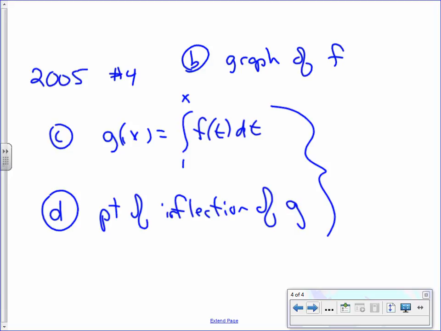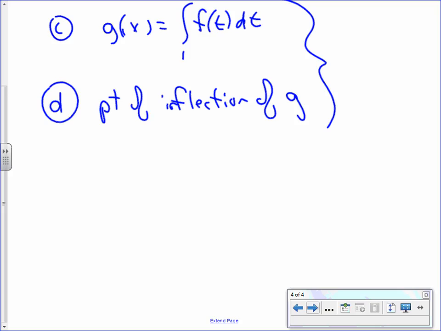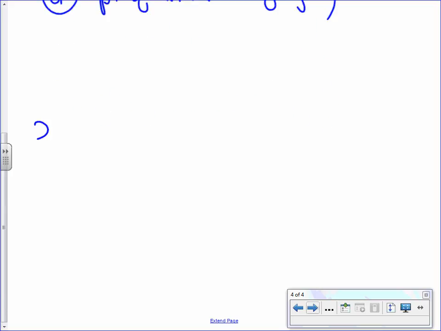This was a little harder, but that doesn't mean you can't take a stab at it. 2005, form B, number 5. There it is. Okay, take a look at 2006.